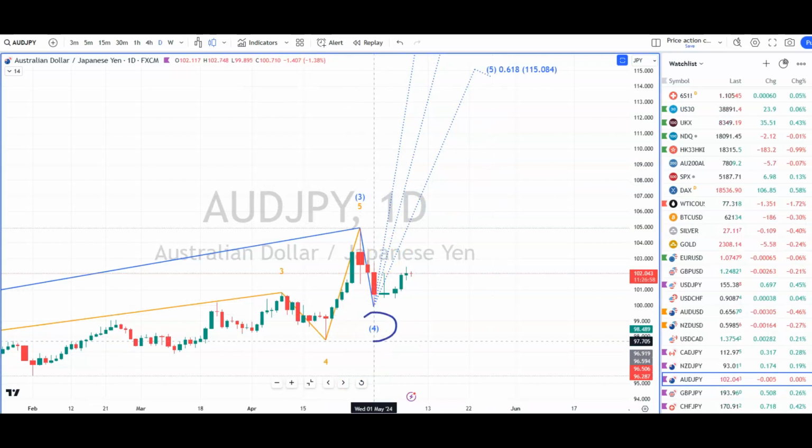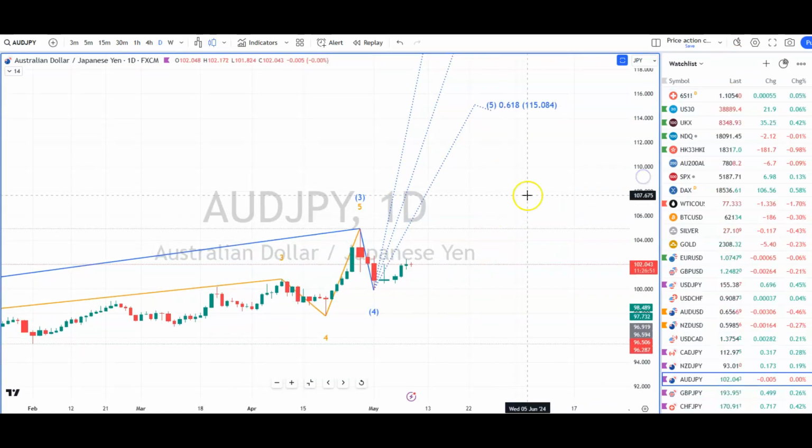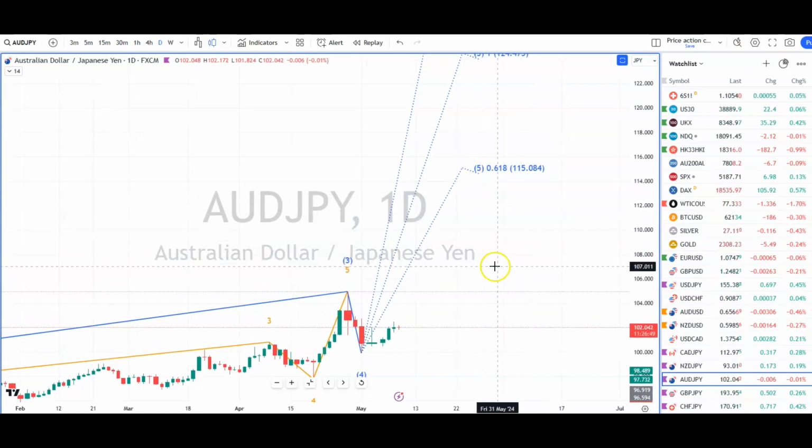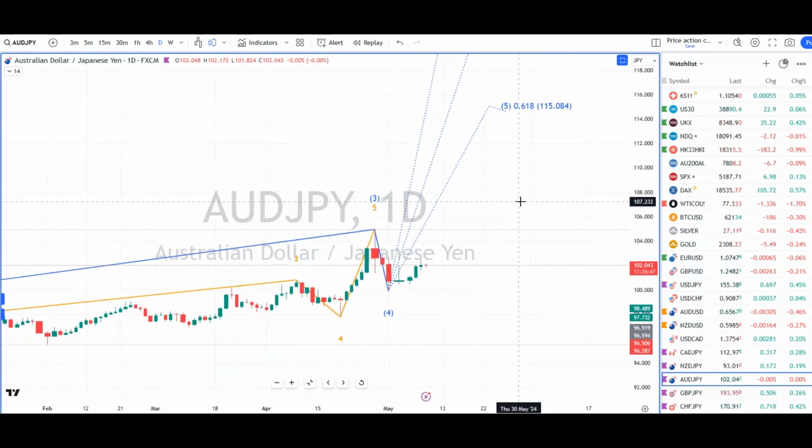So wave 4 is important. There's no chart pattern that's emerged, so we just have to go by the Elliott wave formation. So target on this is 115, nice big number, and lots of profits there. The other thing to note here, doji followed by a bullish candle after that indicates a morning star, which is bullish reversal.